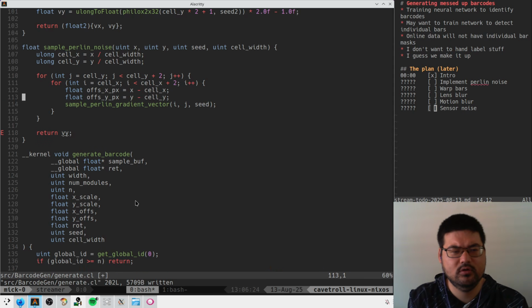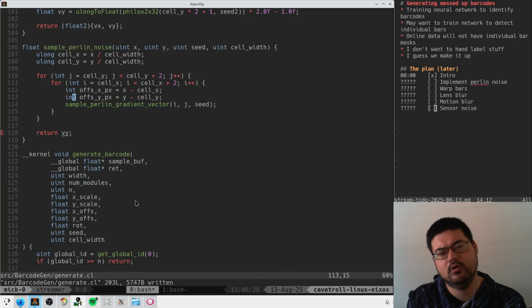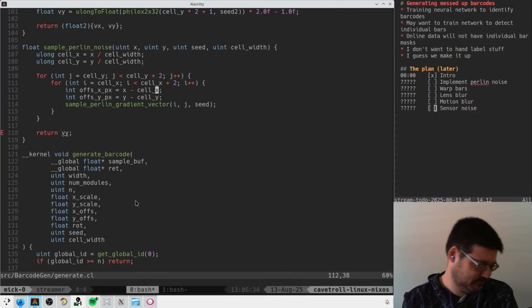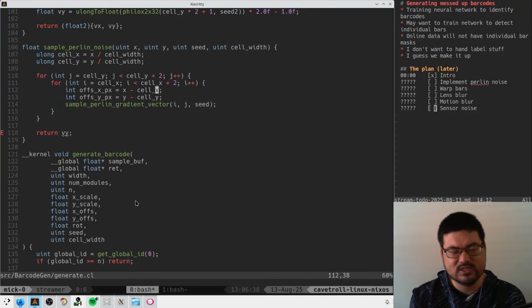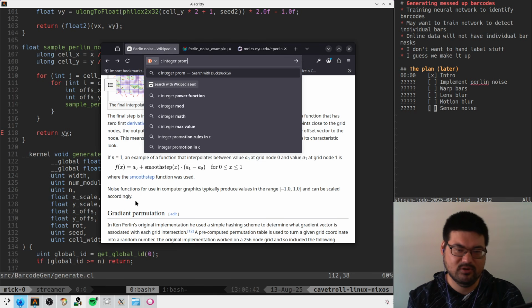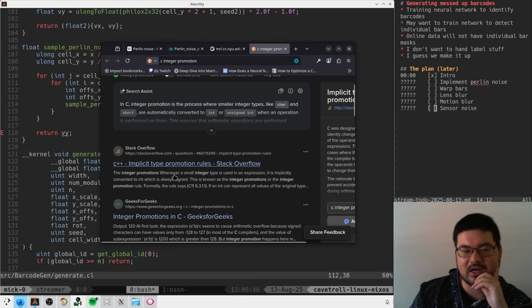Okay. I don't know in C, does this get like integer promoted? I don't remember the rules. Zig's corrupted my brain to assume that the type system will work reasonably. If you have like C integer promotion, do I have to manually cast uints to ints when I do subtraction like this?